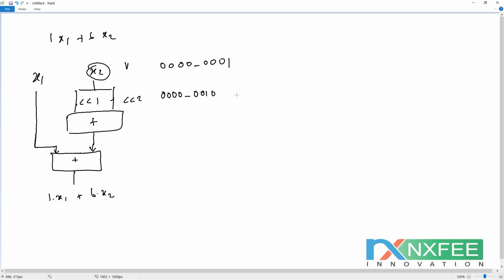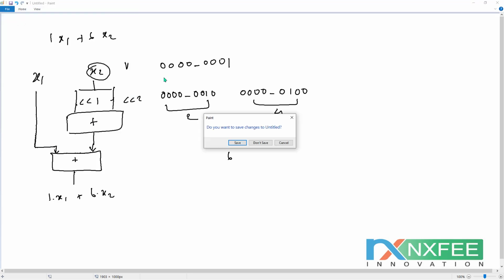And shift the bit 2 times: 0 0 0 0 0 1 0 0. So this is called 4 and this is called 2. So 4 plus 2 equals 6. This is a simple technique, and as per the technique we need to develop the architecture using this paper.